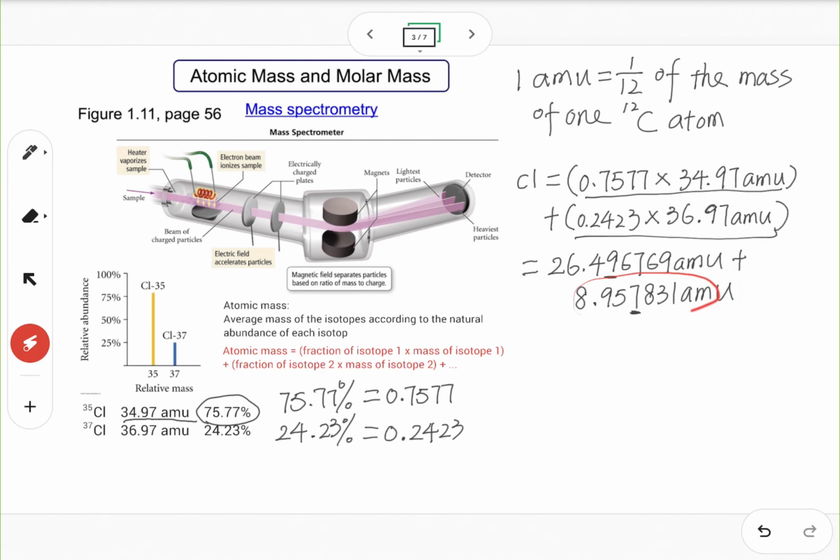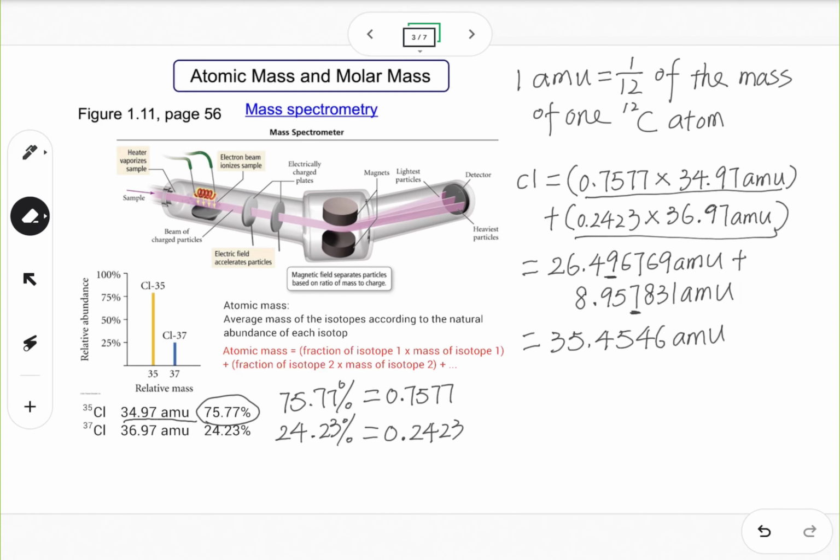This number is supposed to have 4 significant figures, which means 3 decimal places. For the final answer, I'll do the addition first. That is 35.974546, and you can keep going, but I think 4 decimal places right now is good enough. AMU. Let me erase this part.